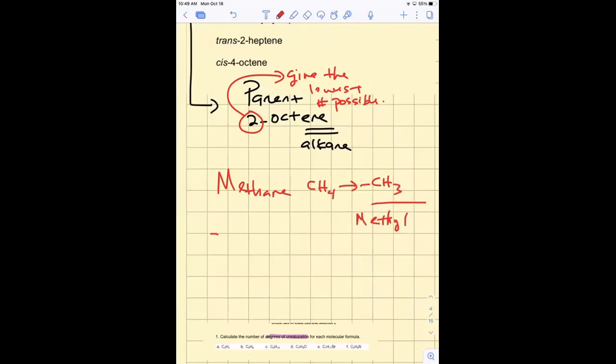The same with ethane. That is CH3. It's a 2 carbon chain. But if I attach it, I have to take one of those hydrogens off so I can attach it. So then it becomes CH2, CH3, and I just changed the suffix to ethyl.